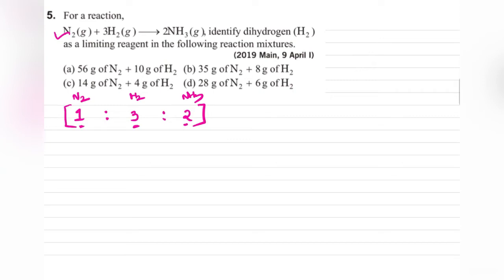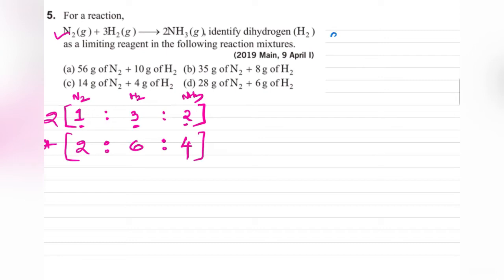For ease of calculations, I multiply all these numbers by 2 so that I get 2:6:4. This is another possibility. So these are the 2 possibilities. Before that, we shall calculate the number of moles of the given samples.